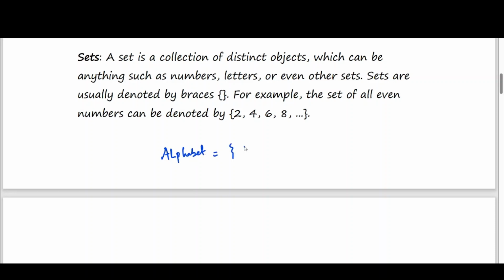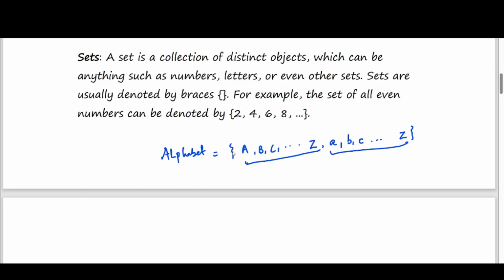The letters in this are A, B, C, D till capital Z, and it can have the small letters also, small a, small b, small c, till small z. All this will be the set of alphabets. Generally we can take only the capital letters or only the small letters, but if it is not mentioned, we can take both capital letters and small letters.